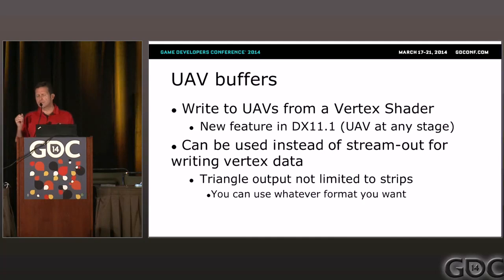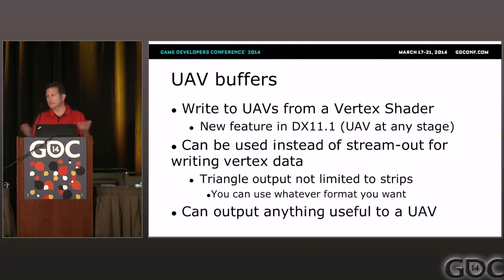It has a couple nice features, though: it's not limited just to strips like stream out. You can output whatever format you want, and typically the format you want to output is triangle lists, so you can do that directly. Also, it's powerful just because you can output any data you want. Anything can be output to the UAV.